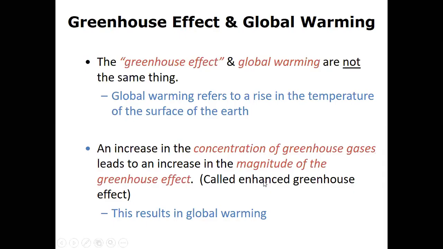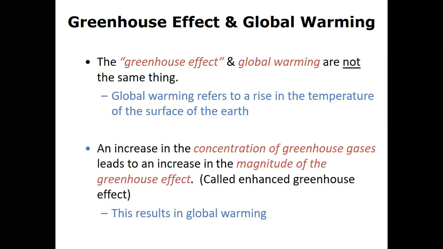So when we talk about the enhanced greenhouse effect, it is mainly due to the increase of water vapor. That means due to the greenhouse gas effect, more evaporation occurs in water bodies. Therefore, the moisture is evaporated into the atmosphere.